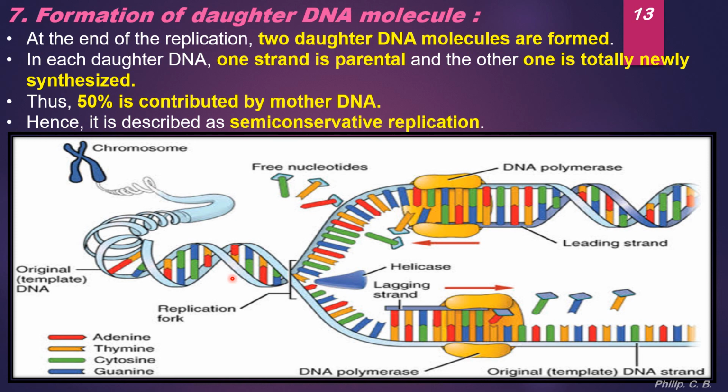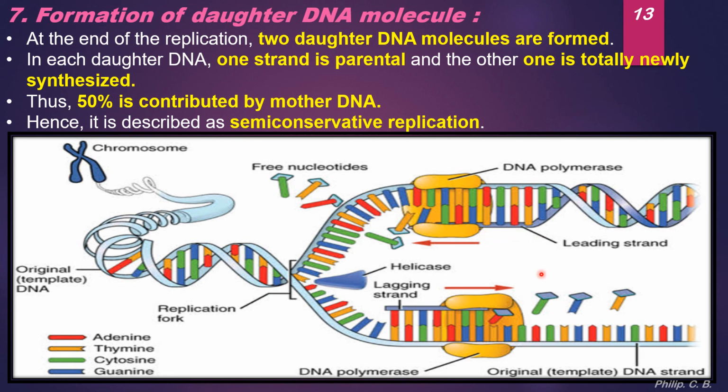So as you saw from the very first slide, the animation and various different images help to make the concept easier. Here you can see the chromosome, how it is unwound, the original DNA or the template. You can see the coloration which shows the nitrogenous base pairs adenine, thymine, cytosine and guanine. The replicating fork, the free nucleotides, DNA polymerase, and how the new strands are being formed.